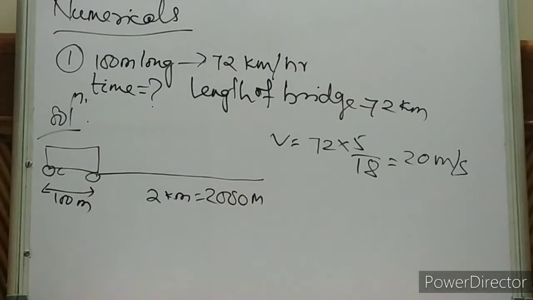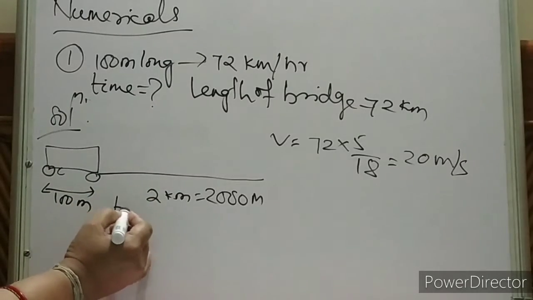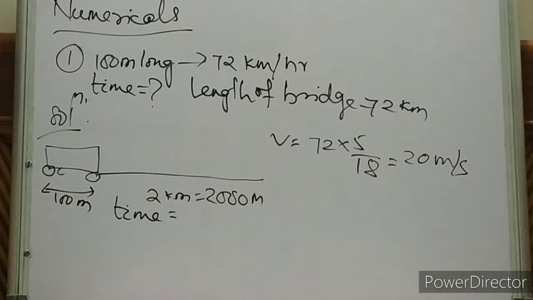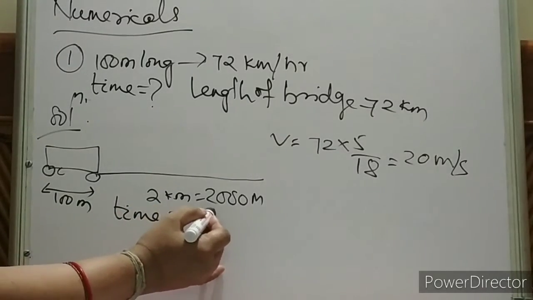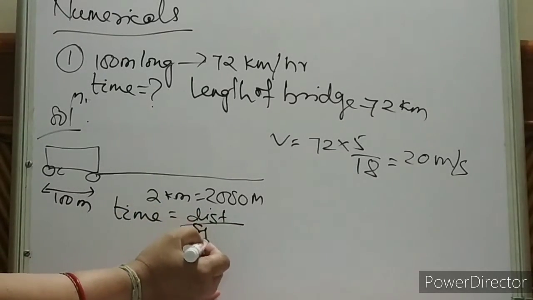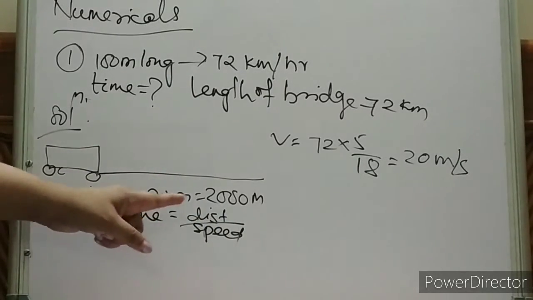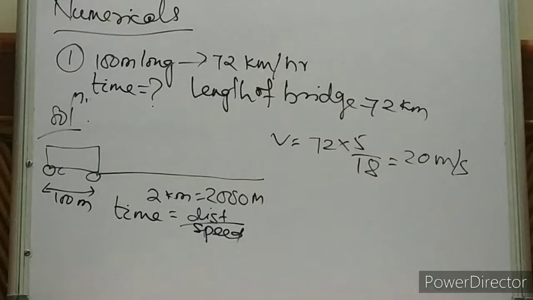V is given. Okay. Now to find the time, what do we need? Time is equal to what? Distance by speed. Is it clear children? Because speed is equal to distance by time. You know this.